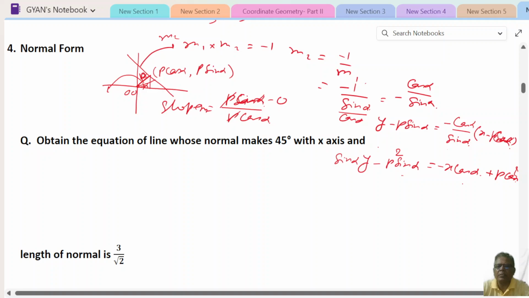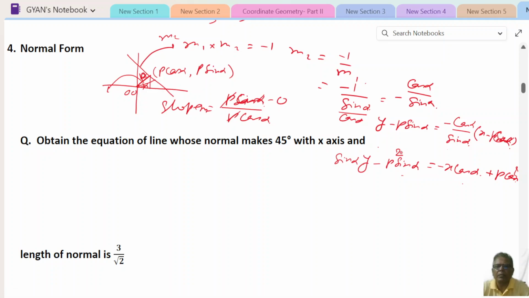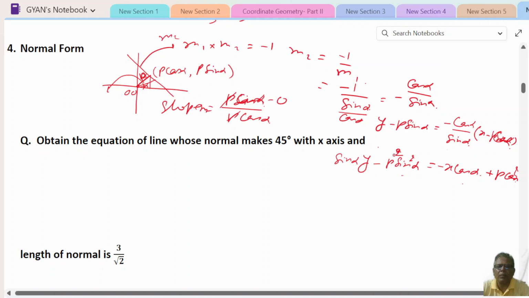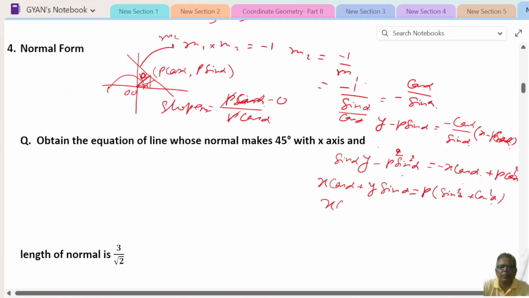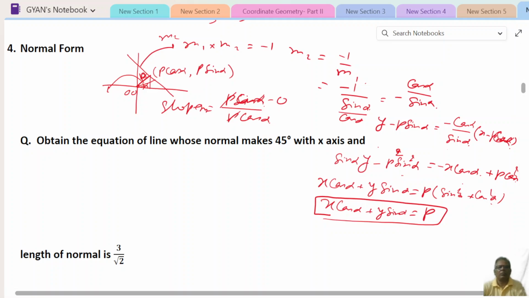So bring this way: x cos alpha plus y sin alpha is equal to p sin square alpha plus p cos square alpha. So the equation becomes x cos alpha plus y sin alpha is equal to p. So this is the normal form.